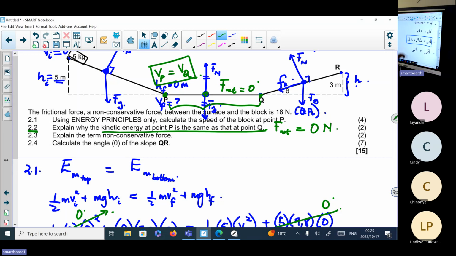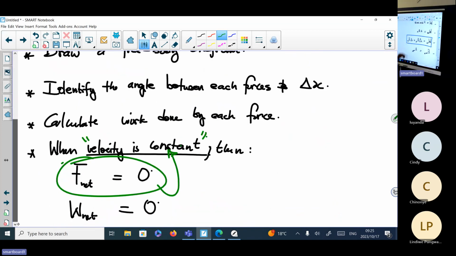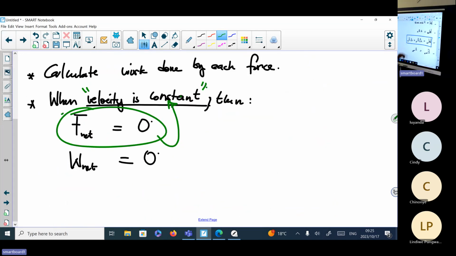Notice that we can actually expand from this to say that when the velocity is constant, the net force acting on an object is 0. The work done by the same net force will also be 0. But most importantly, the kinetic energy of an object will also be constant.